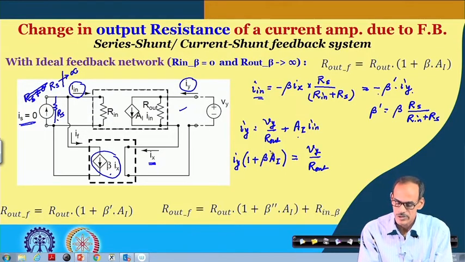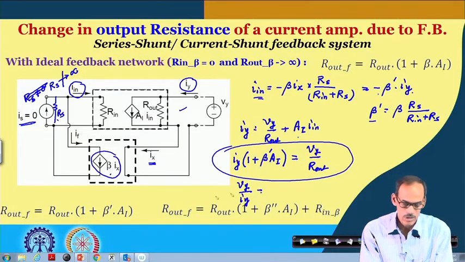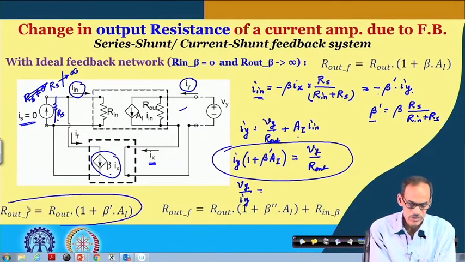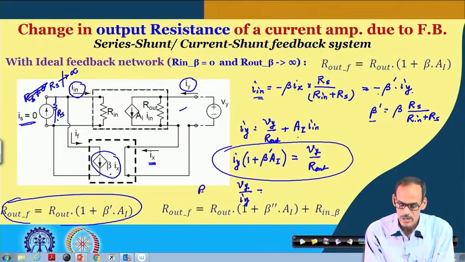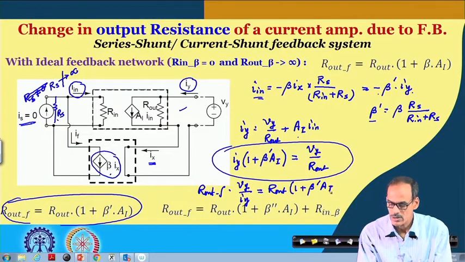Again, sorry, this is beta dashed, which is given here, and by considering this equation we can get V y by I y, which is given here. So, that is the R out f. That is equal to R out multiplied by 1 plus beta dashed into A I.